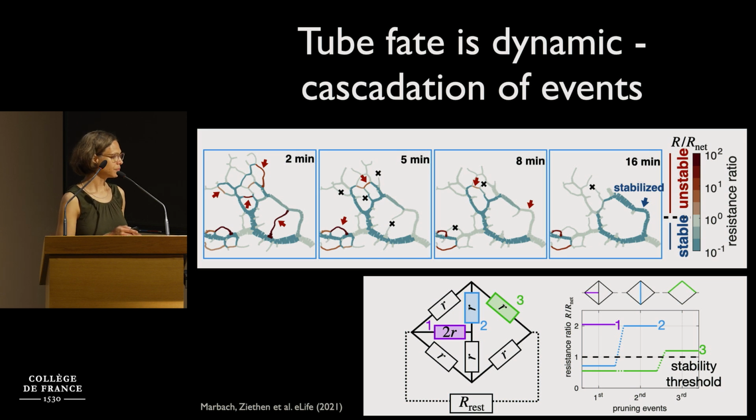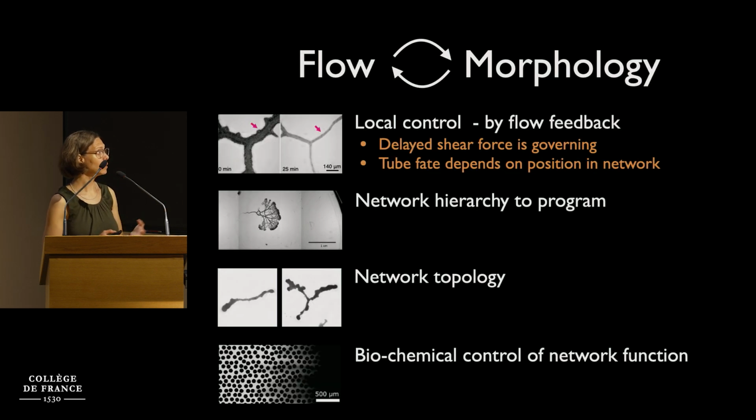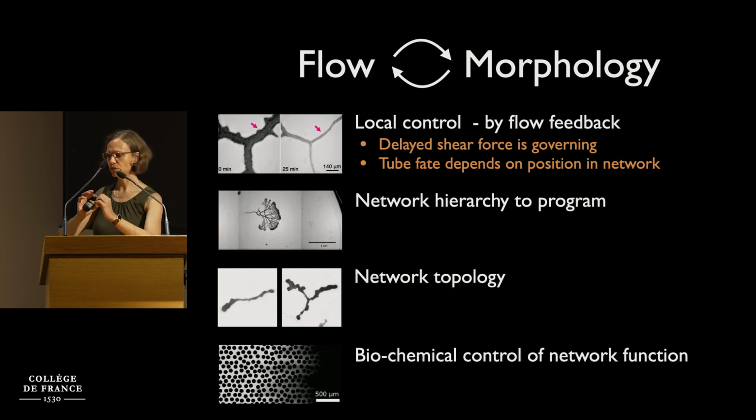So in summary, we learned that this local control of tube diameters is due to shear force, although with a time delay. And that the tube dynamics really depend on the tube's dynamics in the network.